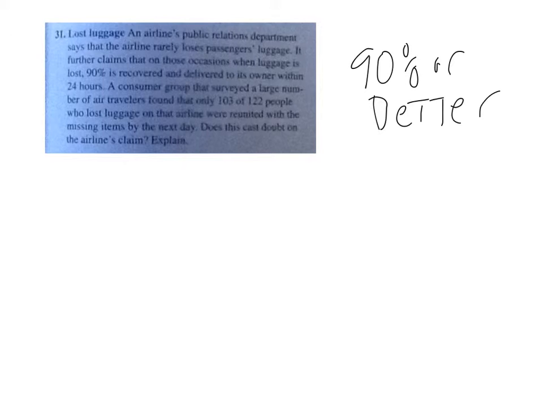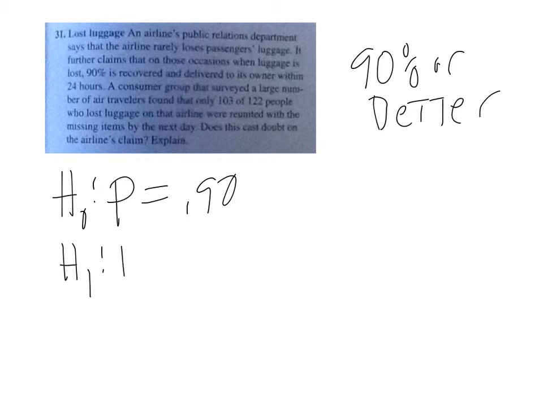So our H0 is that the airline company is right, that 90% or better of the luggage is returned within 24 hours, and the alternative hypothesis is to disprove that, so we're going to say less than 0.9.